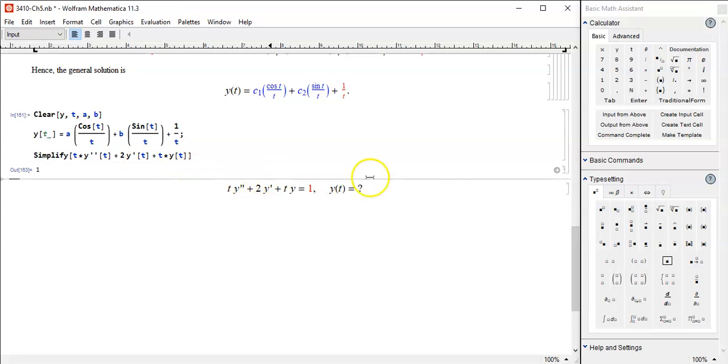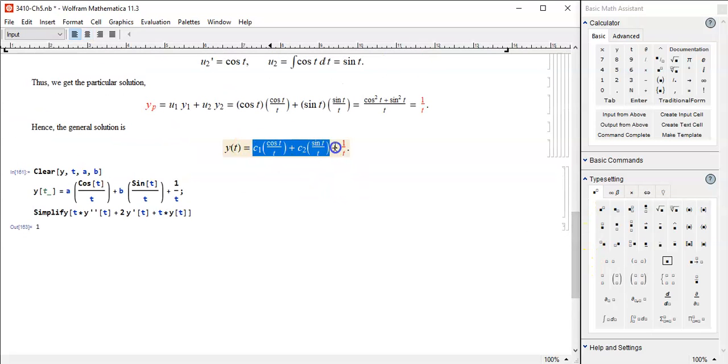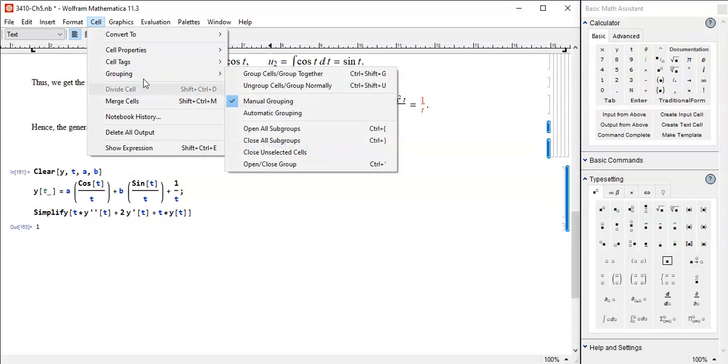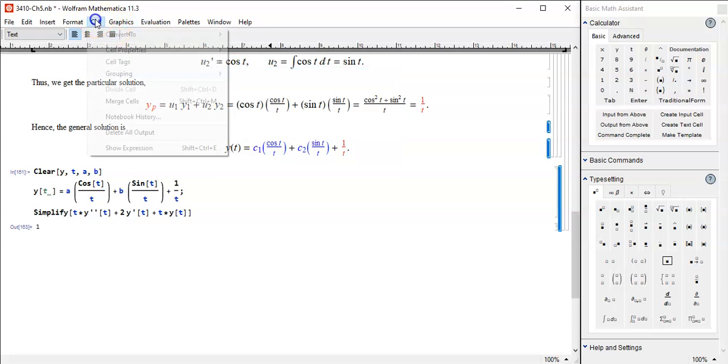Yes, we did. So what's the conclusion? We successfully got the general solution here, as we see over here. And let's put all these together. And that'll complete this notebook.